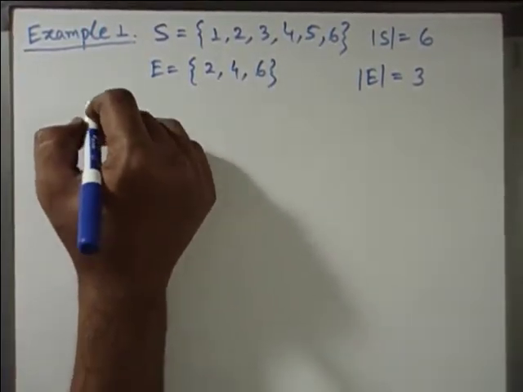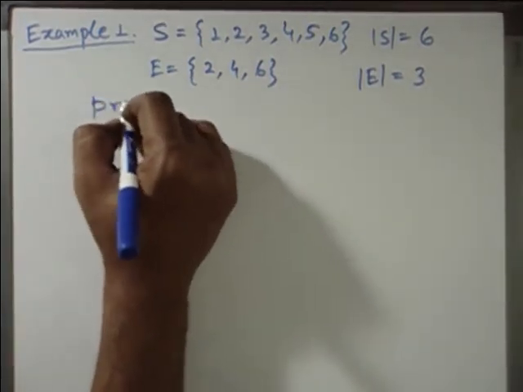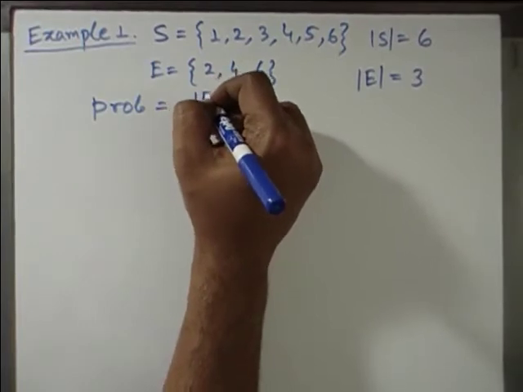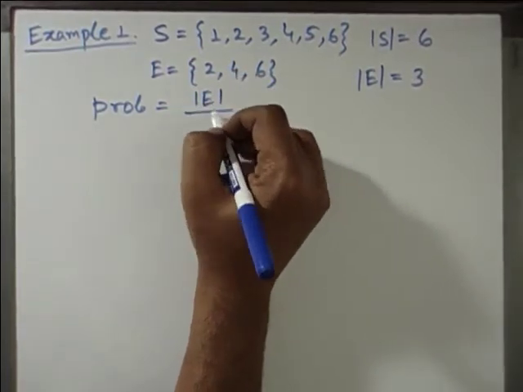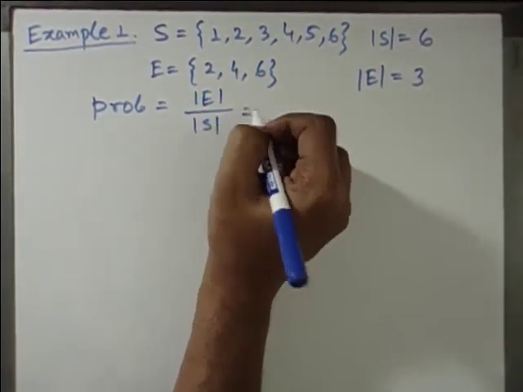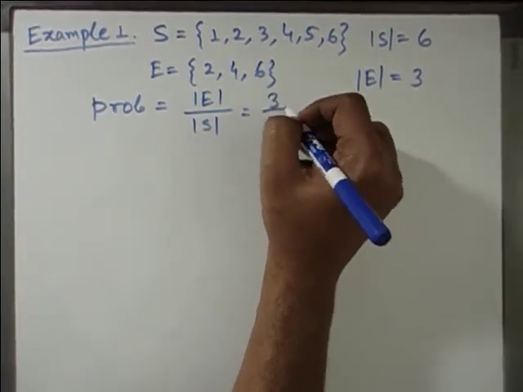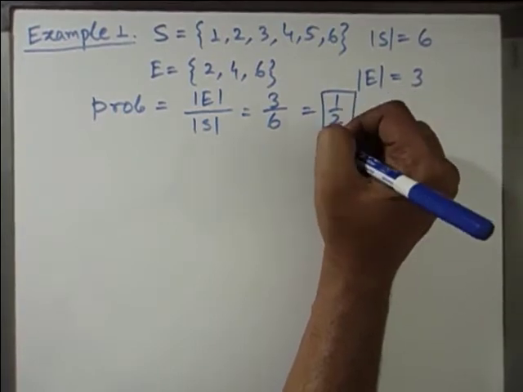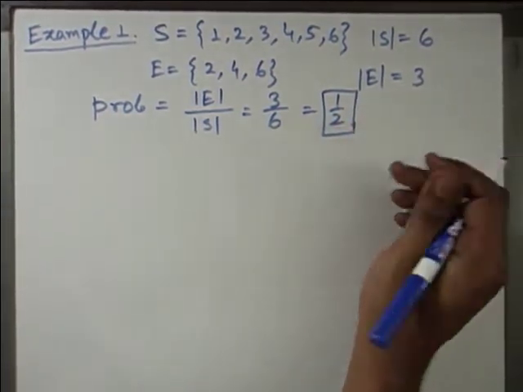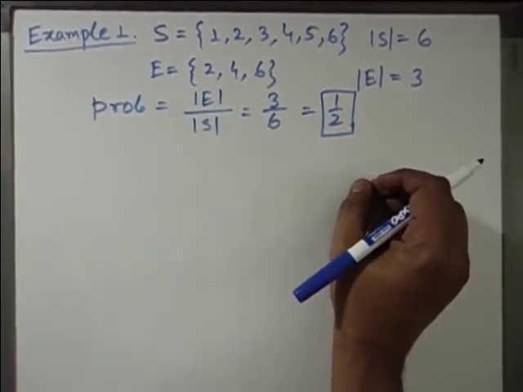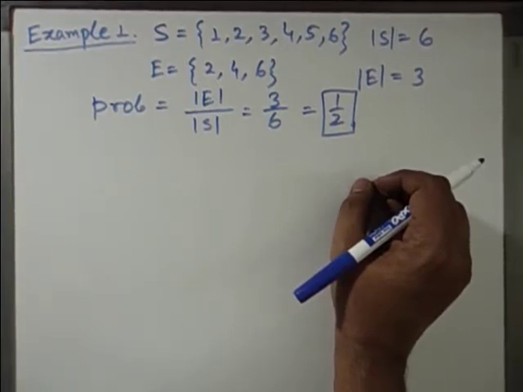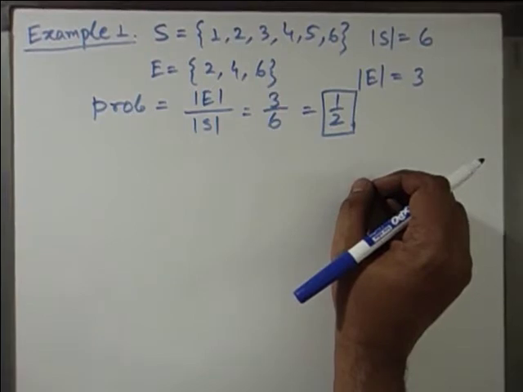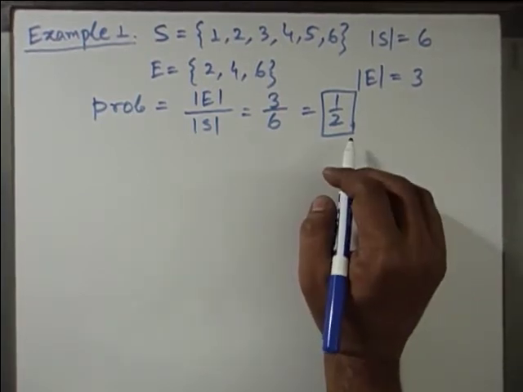So the probability is the size of the event space over the size of the sample space, 3 over 6, which is half. So the probability that if you throw a die, that an even number will show up is half.